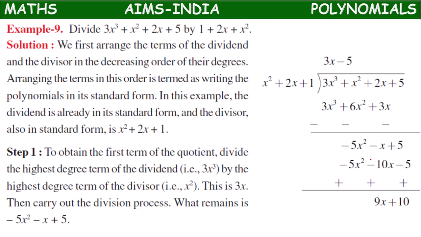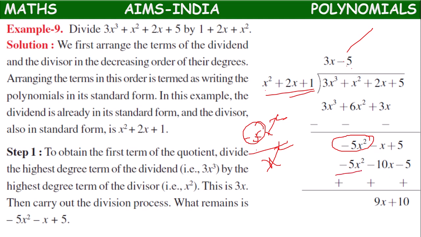Now in this dividend, minus 5x square, first term, by the divisor's first term x square: x square cancels, the coefficient minus 5 is to be kept here. With minus 5 we have to multiply all: minus 5 into x square is minus 5x square, minus 5 into plus 2x is minus 10x, minus 5 into plus 1 is minus 5.